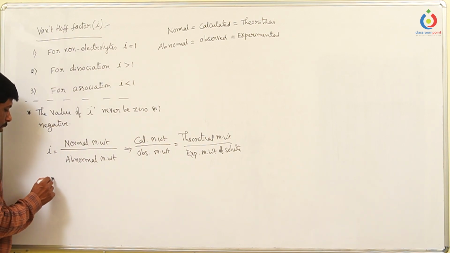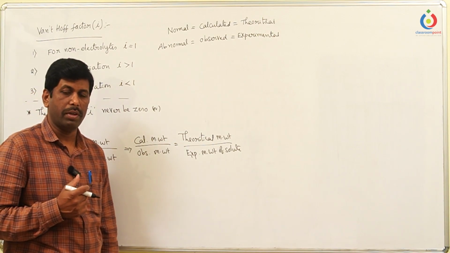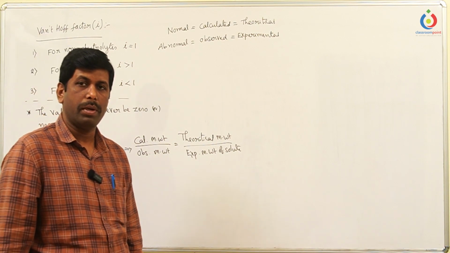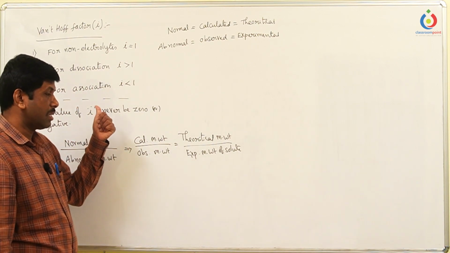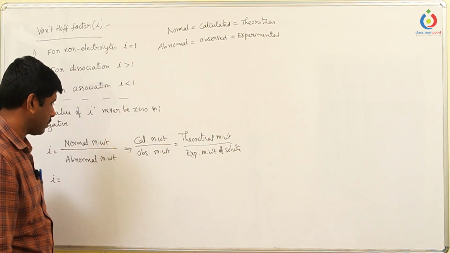Now if molecular masses are not given but colligative properties are given, how do we use the relation between molecular mass and colligative property? Already at the start of the class we have seen that colligative property is inversely proportional to the molecular mass.